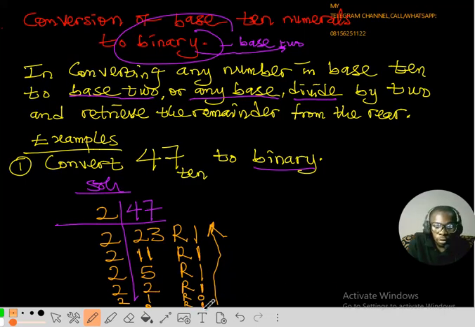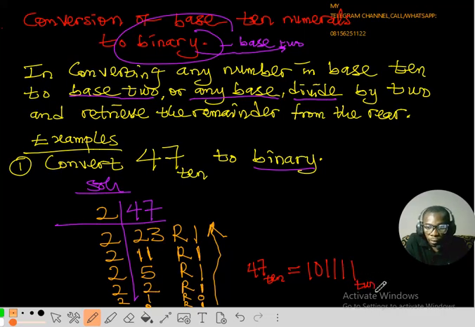So I can now write that 47 base 10 is the same thing. I start from this last number, 1 0 1 1 1 1 in base 2, which is binary.